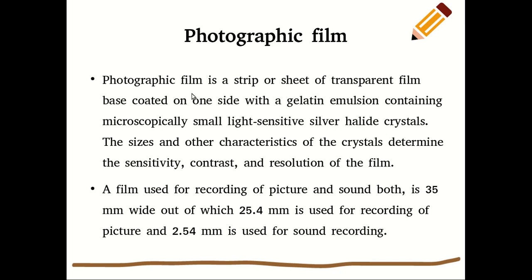So the photographic film has a coat of light sensitive material. A film used for recording of picture and sound both is 35 millimeter wide, out of which 25.4 millimeter is used for recording of picture and the remaining portion, 2.54 millimeter, is used for the recording of sound.